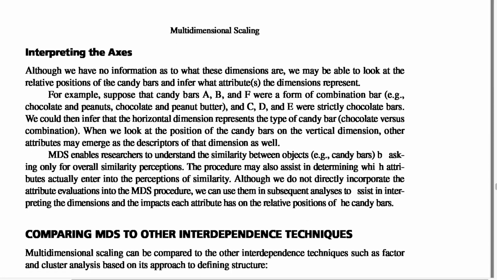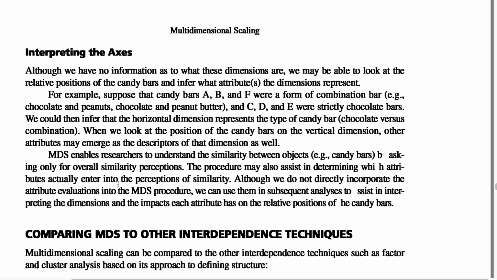Interpreting the axes. Although we have no information as to what these dimensions are, we may be able to look at the relative positions of the candy bars and infer what attributes each dimension represents. For example, suppose candy bars A, B and F were a combination of chocolate and peanut butter, and C, D and E were plain chocolate bars.